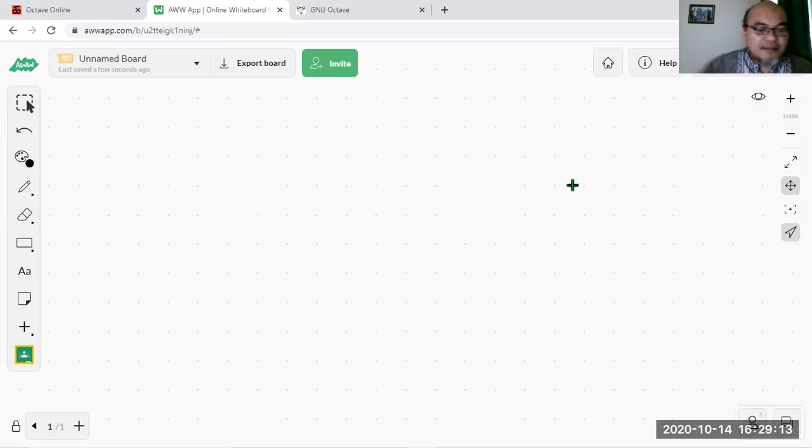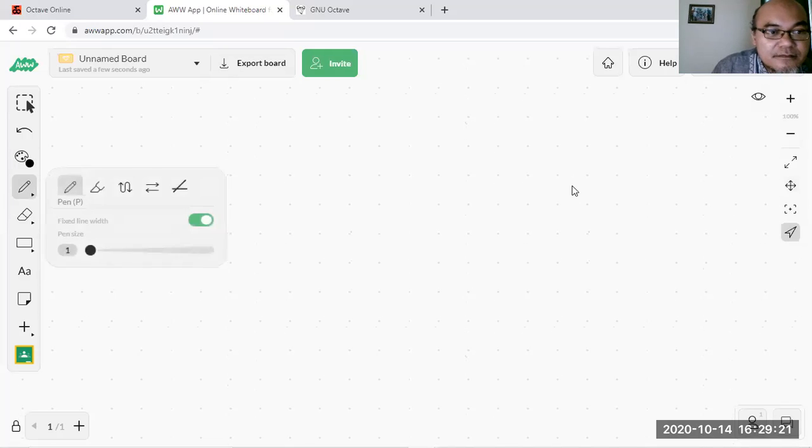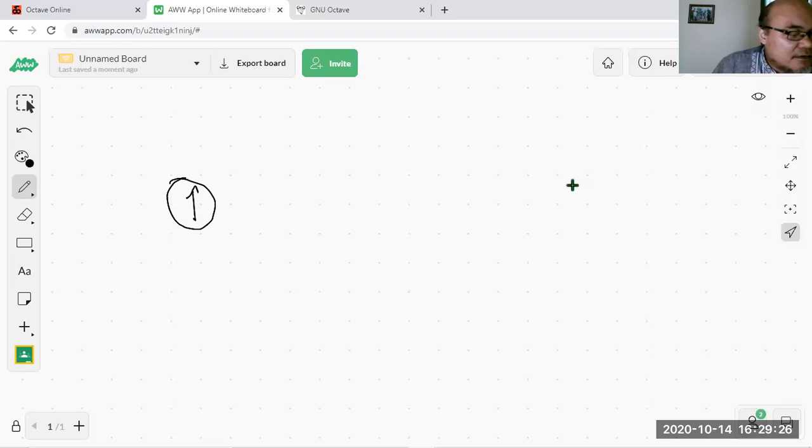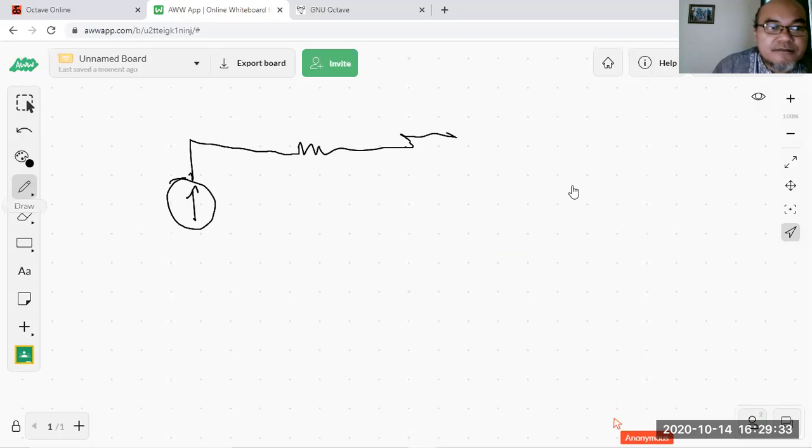Okay, so the first exercise. We have one independent current source connected to a resistor, connected to another independent current source pointing downward.